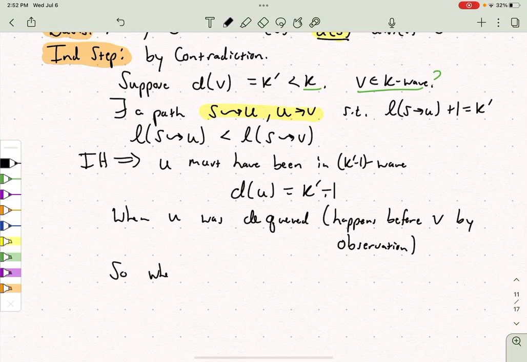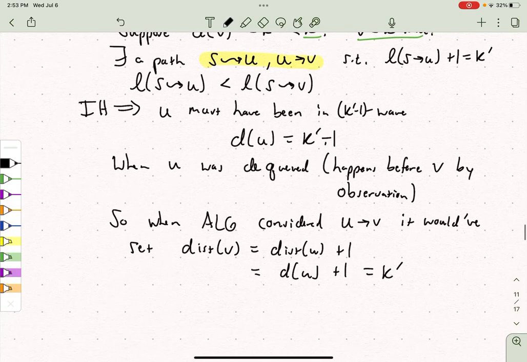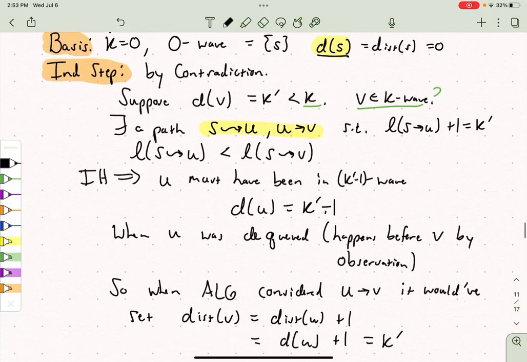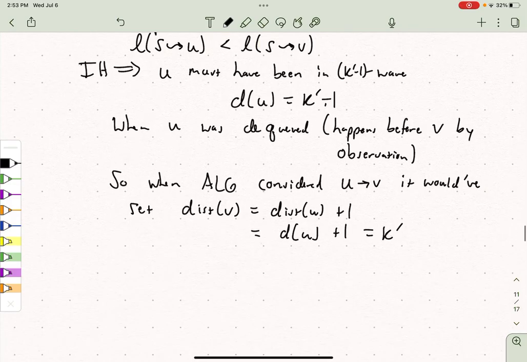When the algorithm considered the edge u to v, it would have set the distance of v to be the distance of u plus 1, and we know this is exactly correct. This is the distance of u plus 1, which equals k prime. So the algorithm would have set the distance to be k prime, but we claim that actually it was set to this larger k, and this is a contradiction.